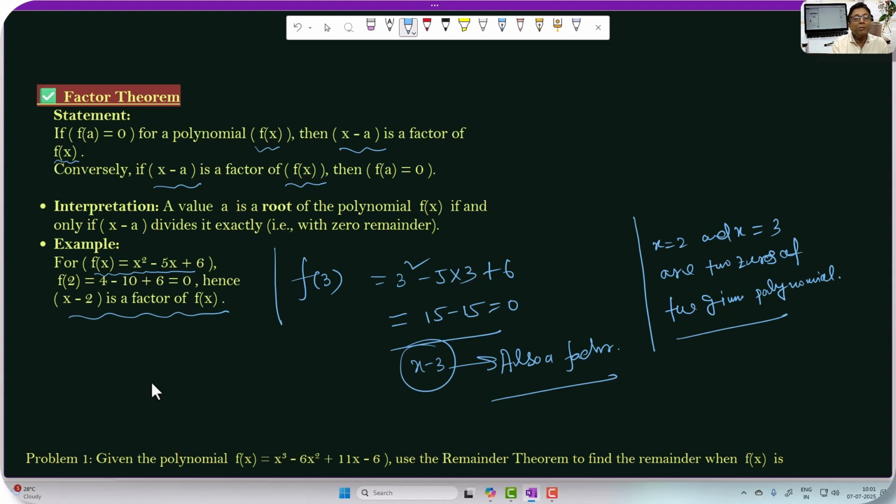So in our problem, x equal to 2 and x equal to 3 are two zeros of the given polynomial. Okay? So this is just the introduction to polynomials, which I was supposed to start in this session, and that I have done.